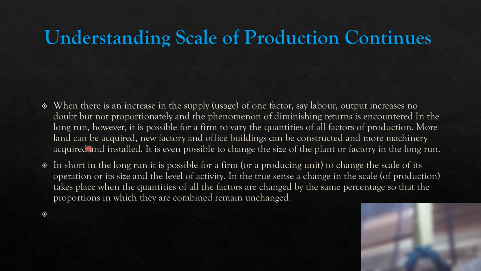In the long run, however, it is possible for a firm to vary the quantities of all factors of production, which is what I said, factors of production. I'm sorry, I kept saying capital of production. No. Factors of production is what we call land, labor, and the rest.